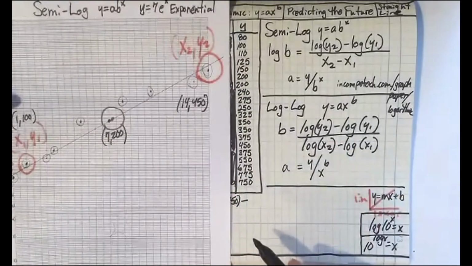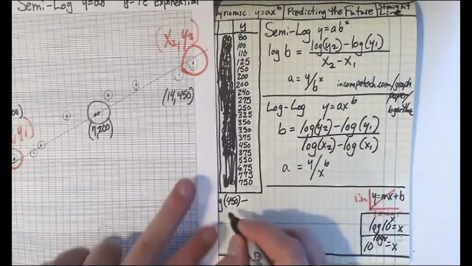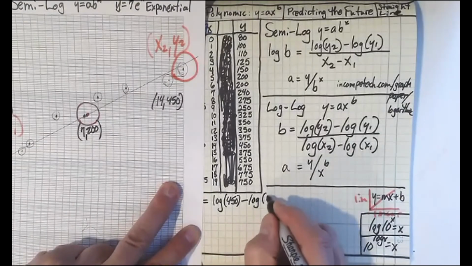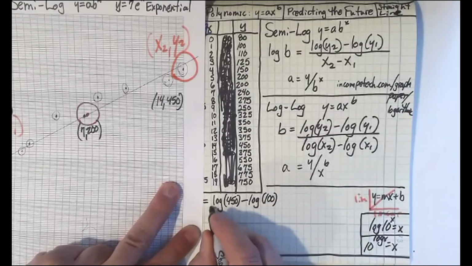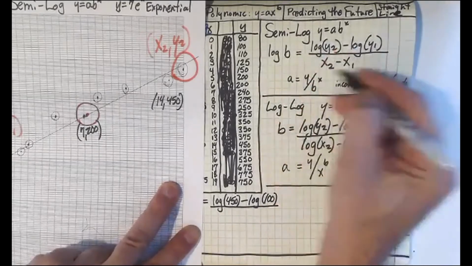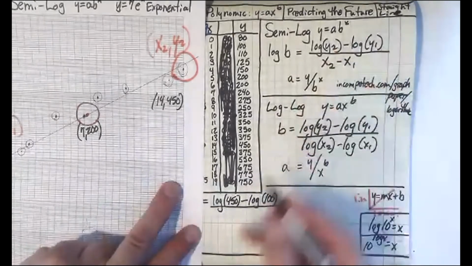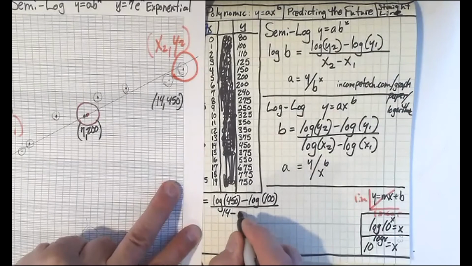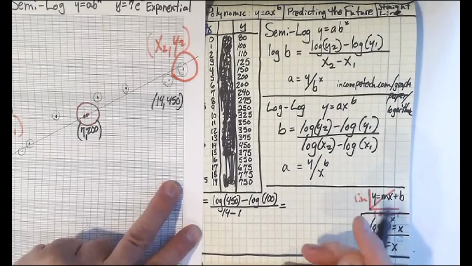I'll just sort of lay this off to the side so you can still see those. So I've got the log of 450 minus the log of 100 divided by, just following this equation we've got up there, 14 minus 1, right?